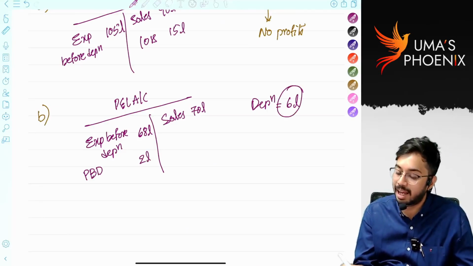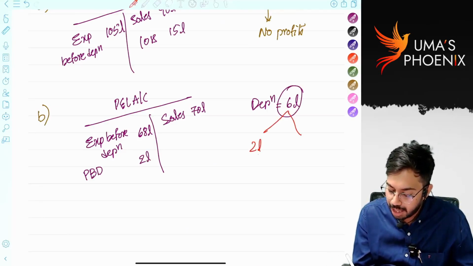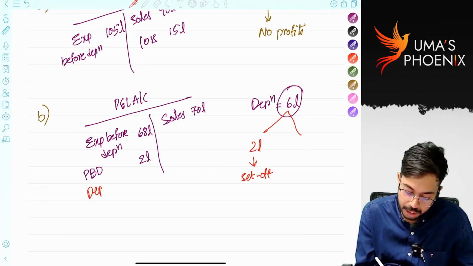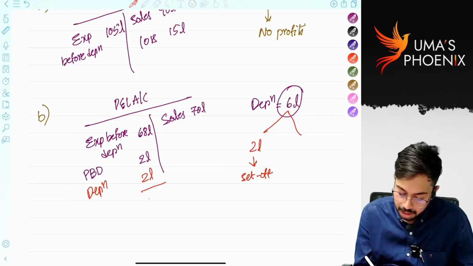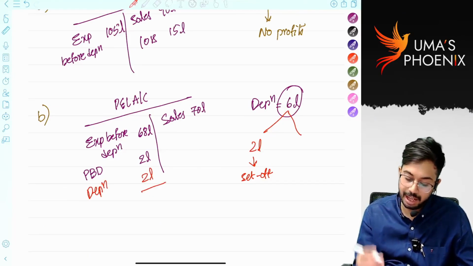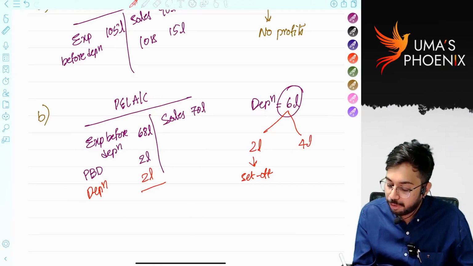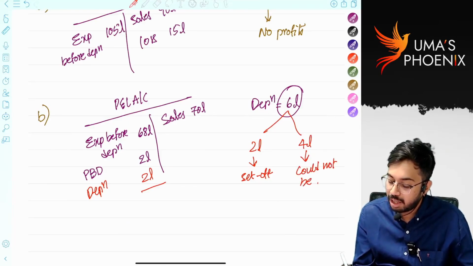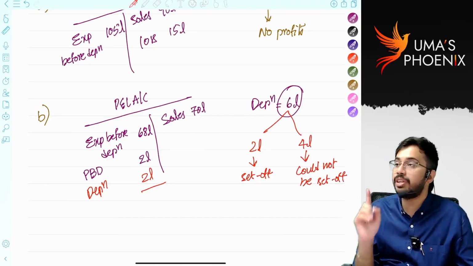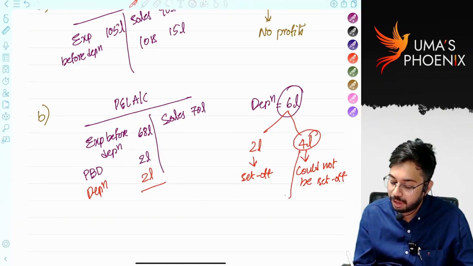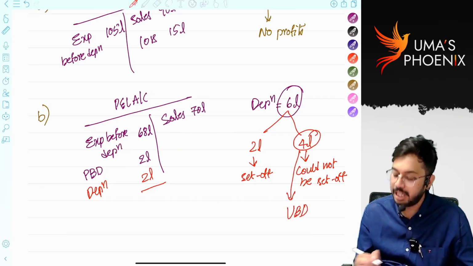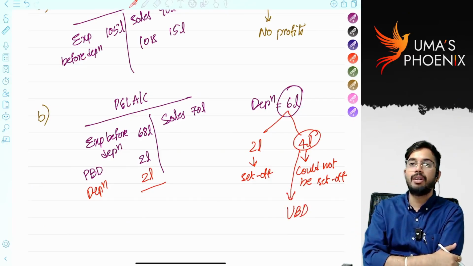Depreciation is 6 lakhs. Out of 6 lakhs, 2 lakhs you can set off, right? Thereby profit will be 0. Now the balance 4 lakhs could not be set off. Am I correct? So whatever depreciation could not be set off due to insufficient profits, this 4 lakhs we call unabsorbed depreciation. Is it clear? Are you able to understand?